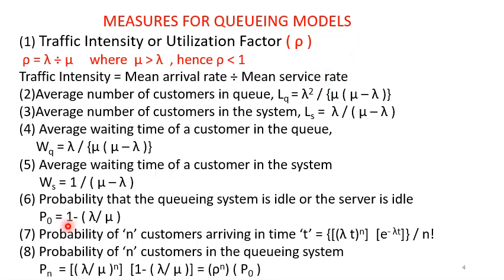That is what P0 means: the probability that the queuing system is idle or the server is idle.